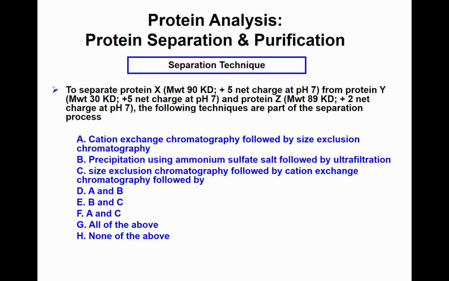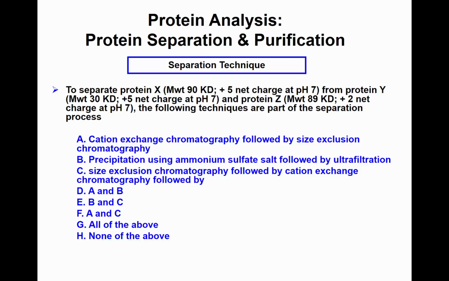As you can see here, two proteins may have the same charge, +5, but they are different in molecular weight. So if you separate based on molecular weight first, then you will get the 90 and the 89 co-eluting together because they're very close in molecular weight.